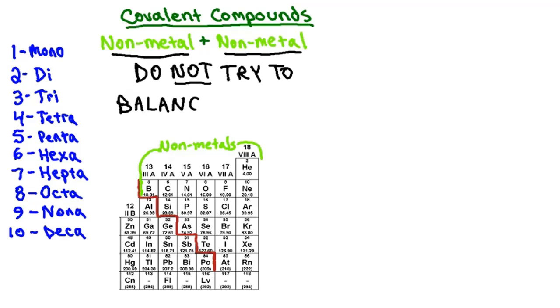Now, why not? Because it won't work. Because these are both nonmetals, and nonmetals all have negative charges, so there are no positive charges to balance anything out. So you don't try to balance the charges in a covalent compound.